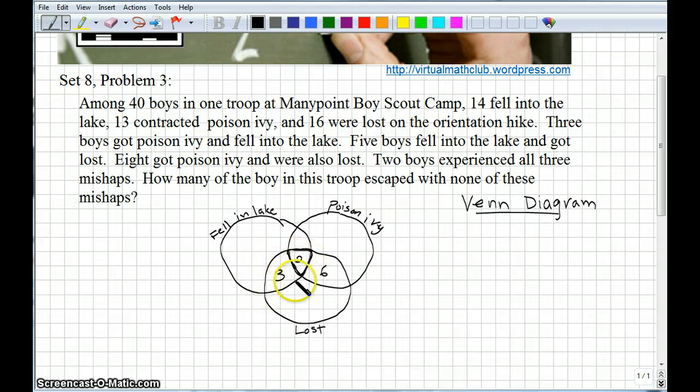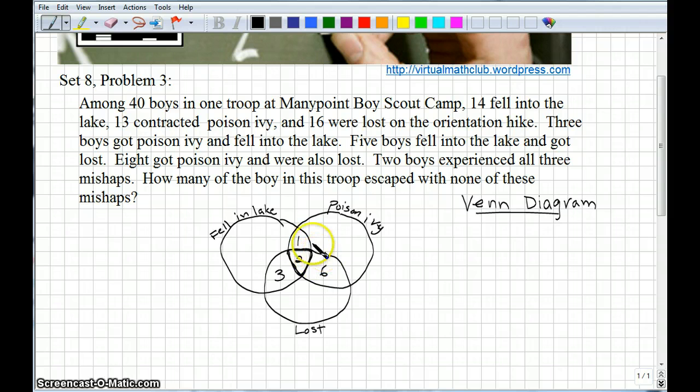So we had 3 that fell in the lake and got lost only, and 2 that fell in the lake and got lost and had the 3rd thing happen to them too. Alright, so the next one backwards. 3 boys got poison ivy and fell into the lake. We already have 2 accounted for here. So here's poison ivy, here's fell into the lake, so we need 1 more to make 3.